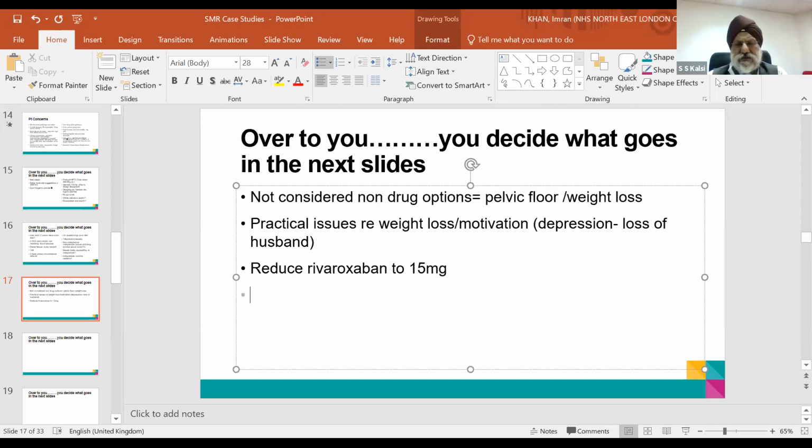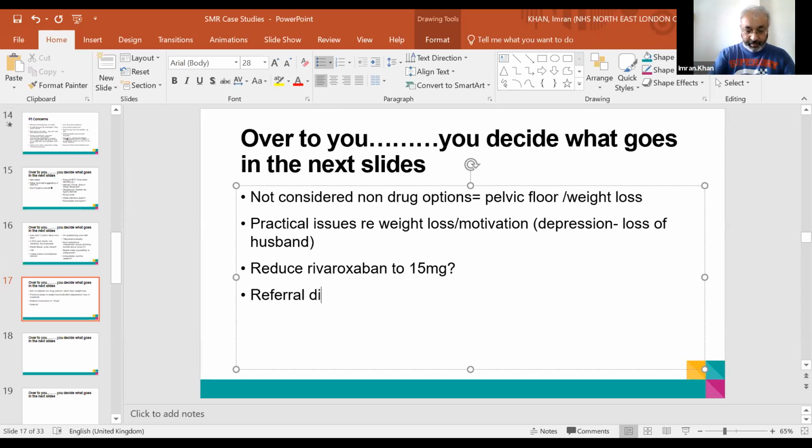Why would you reduce rivaroxaban? She's not taking it anyway, apparently. No, rivaroxaban she was. Oh no, she wasn't. Well, she says she is, but the last prescription was actually in December. Yes, exactly. Yes, you're right, Surinder. She said she's taking it, but actually the usage doesn't exactly back that up, does it? See, this is one of the problems of putting elderly people onto DOACs.